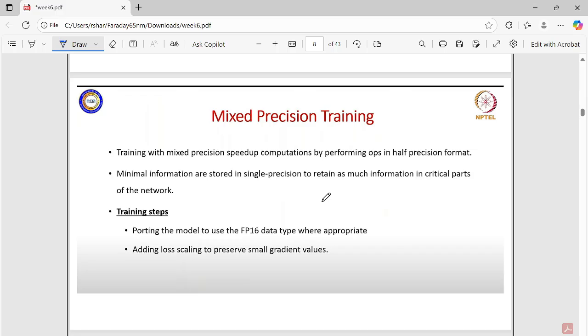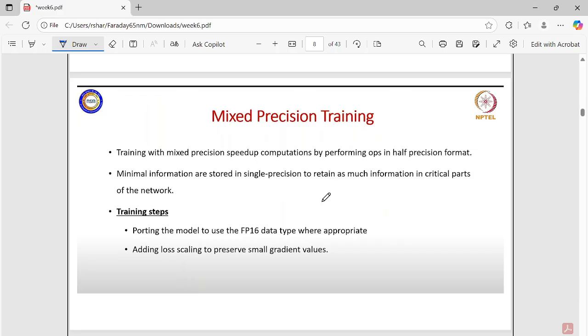So say for example in mixed precision we can use float 16 in the forward and backward pass for faster computation and less memory, and model weights we store in FP32 or 16 depending on the framework. So maintaining numerical stability, and the loss scaling, that is, scaling the loss to avoid gradient underflow. This is just an example of mixed precision.